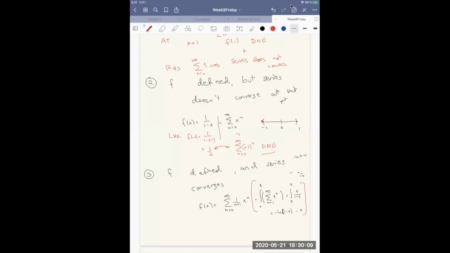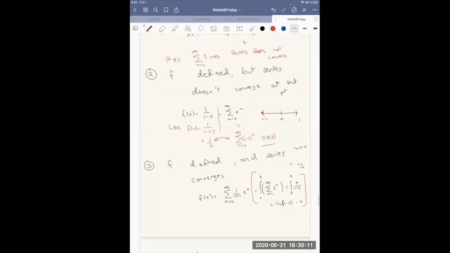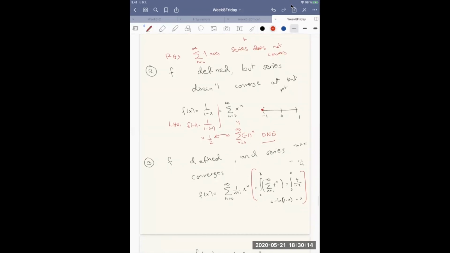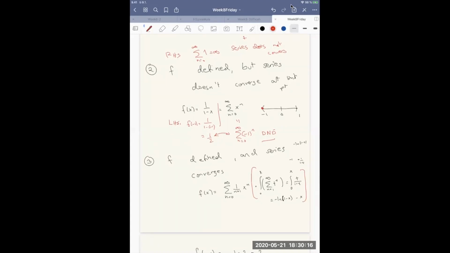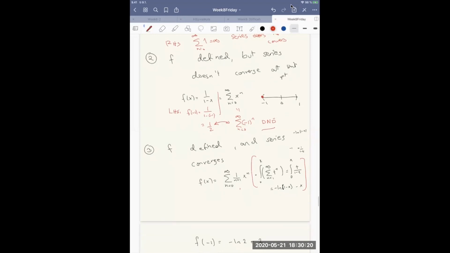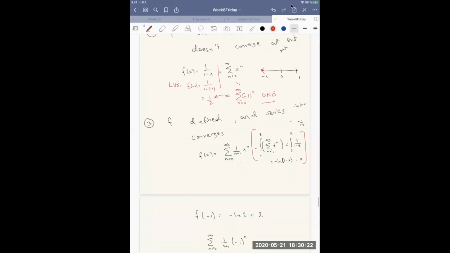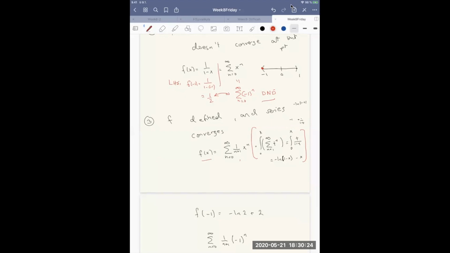And finally, a third possibility that can happen is that both are defined. So the left-hand side is defined and the right-hand side is defined. One example is f(x) equals the sum of x to the n plus 1 over n plus 1.